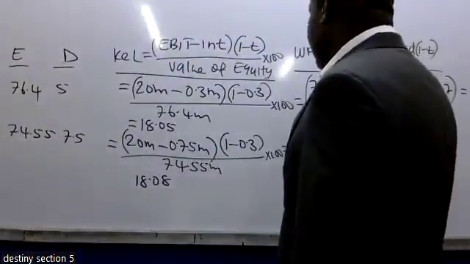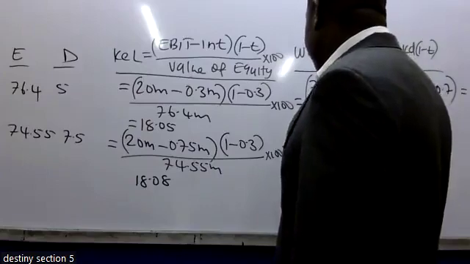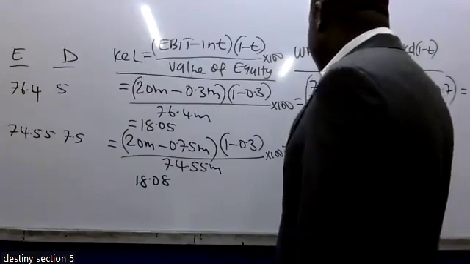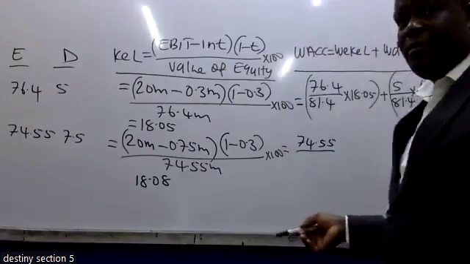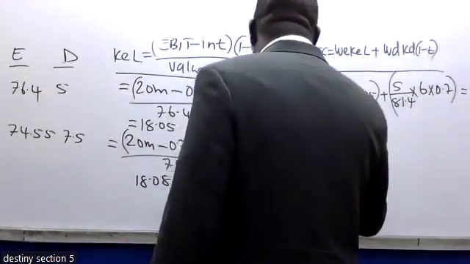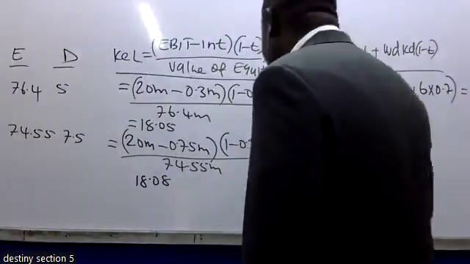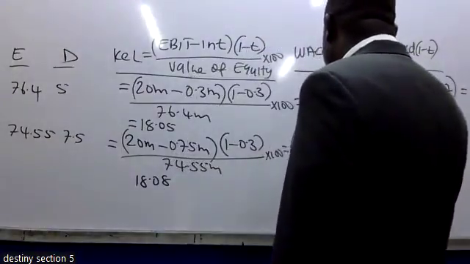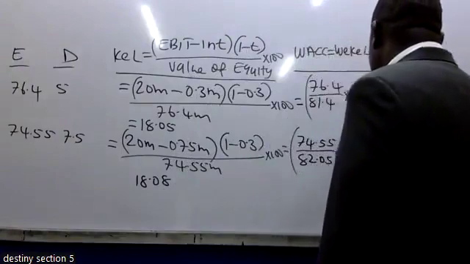WSEC, weight for equity, will be 74.55 divided by the total. That total was which figure? 82.05. Now multiplied by 18.08 like that.